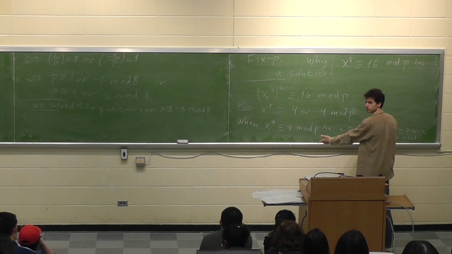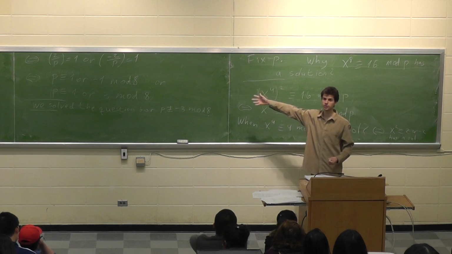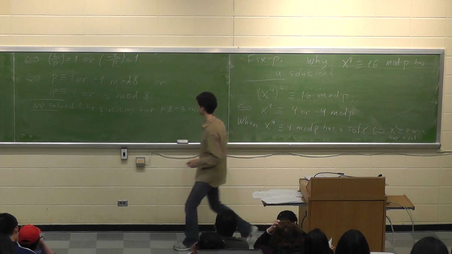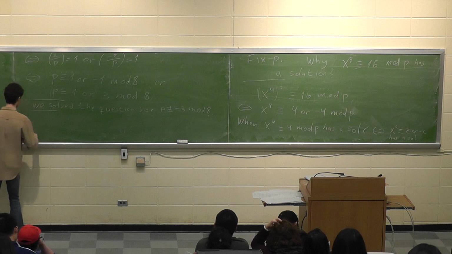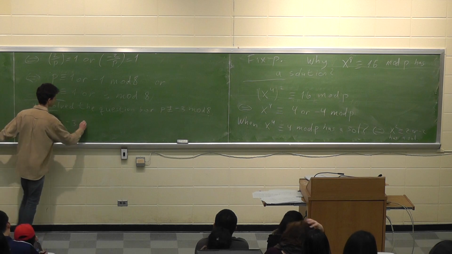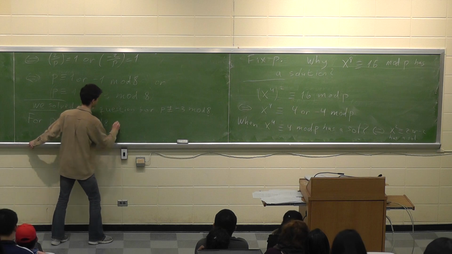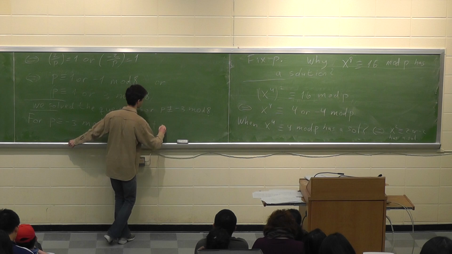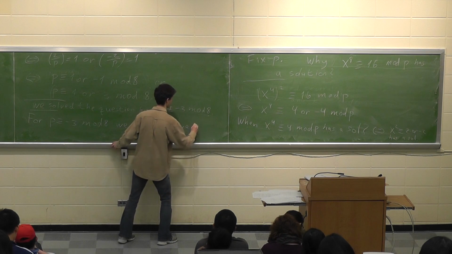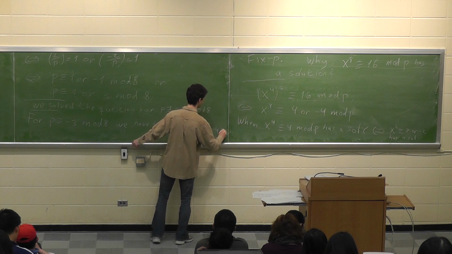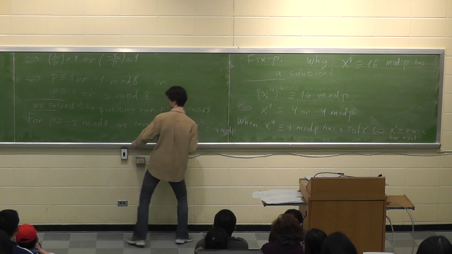Well, we had if and only if conditions all the way through, so this congruence has no solutions. For p which is congruent to minus 3 modulo 8, we have to prove x to the power 4 is congruent to minus 4 modulo p has a solution.